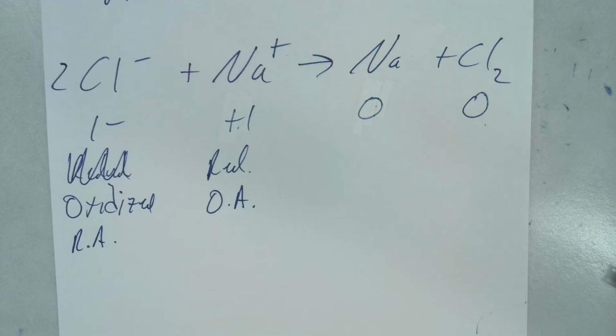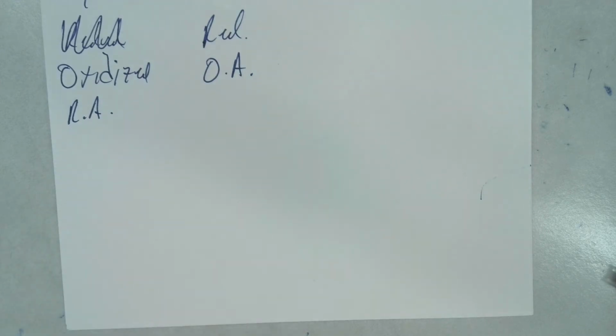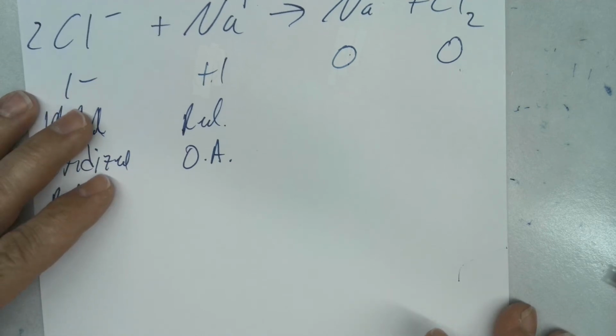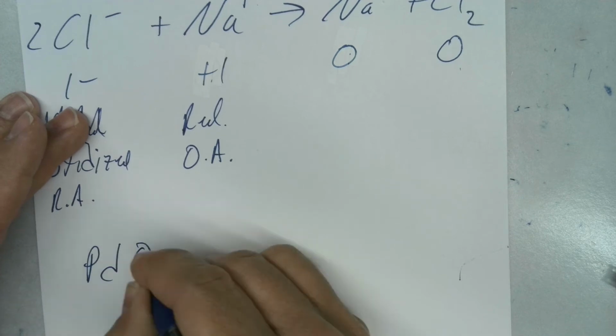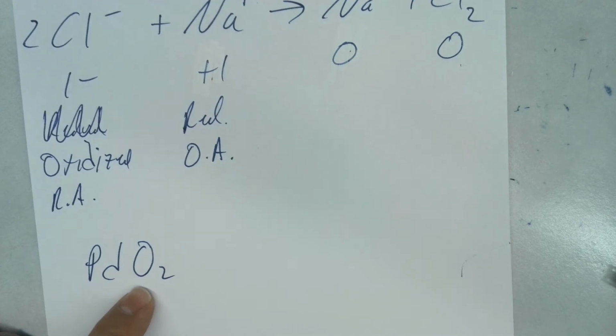Will you do an example of when you name the compound and it has a metal there? Yeah, so let's say I did PdO2.